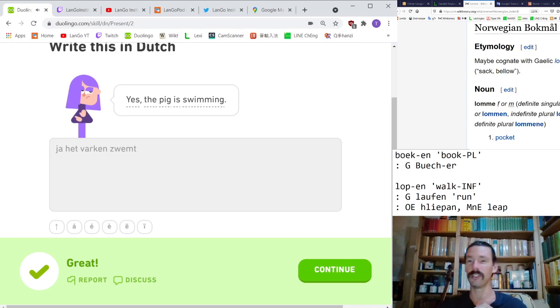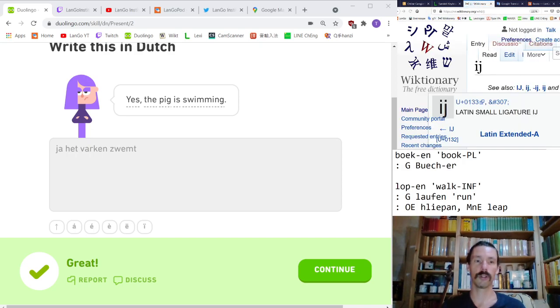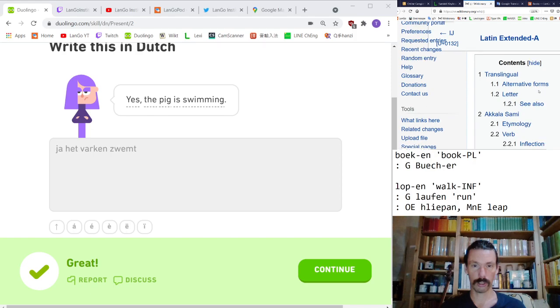Yeah, another cool one is, so I remember in books of those, in printing of that time in the early 80s, mid 80s, the IJ was a single letter and it looked like a Y with umlauts. Let's look that up. I bet this would have an entry on it. IJ. It's a unit. It's a diphthong, so it's kind of a sequence of 2 sounds, but a single phoneme in Dutch.